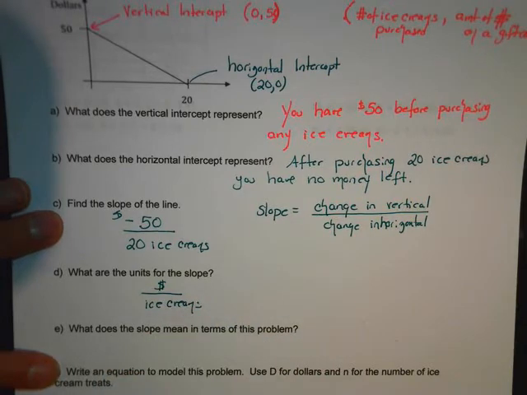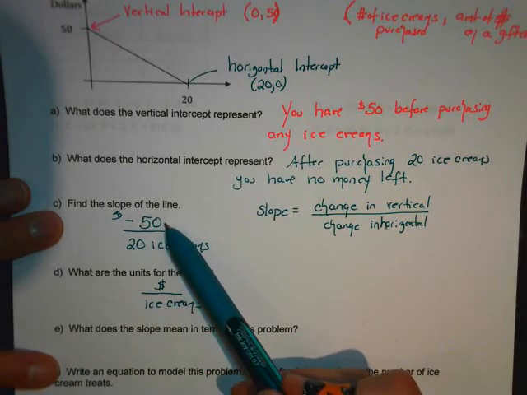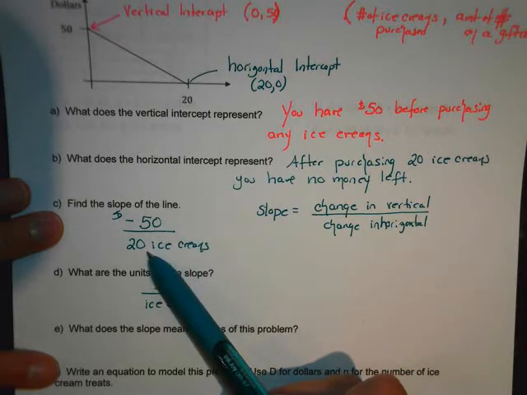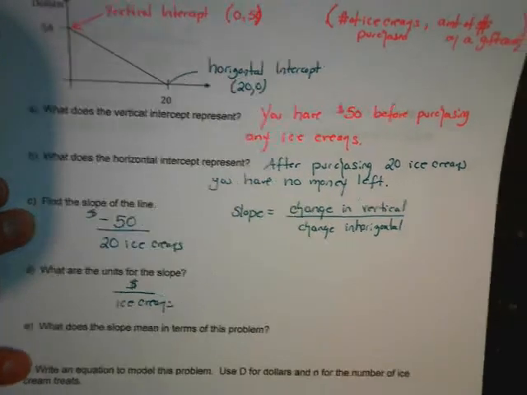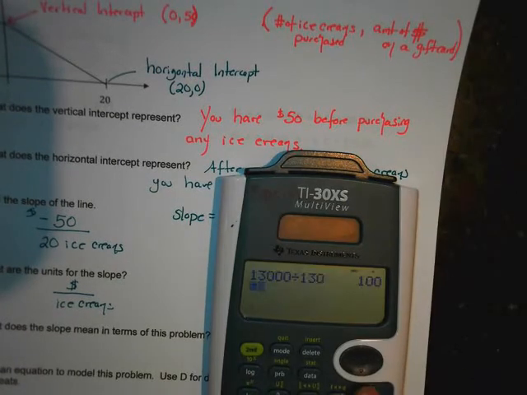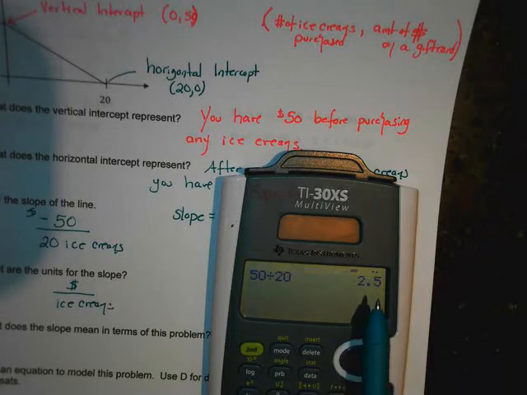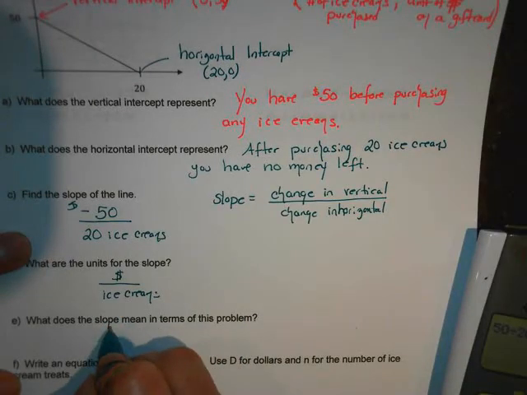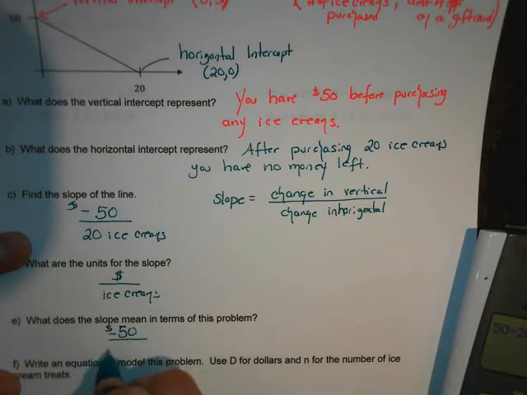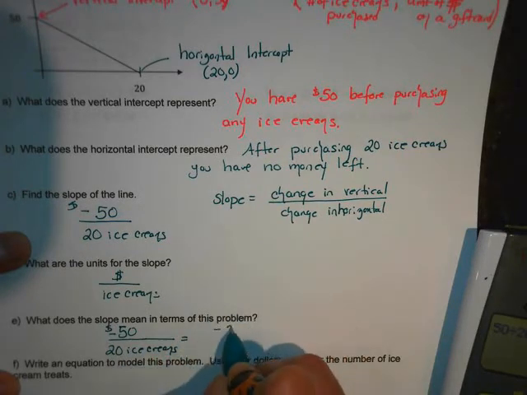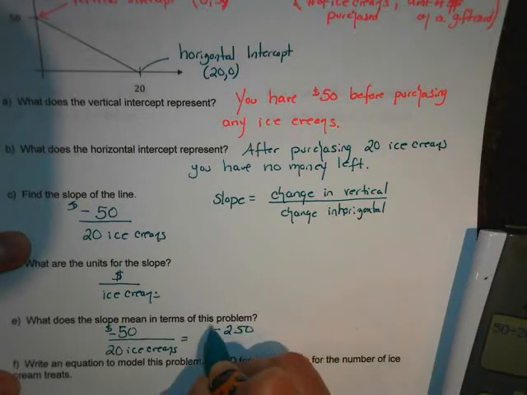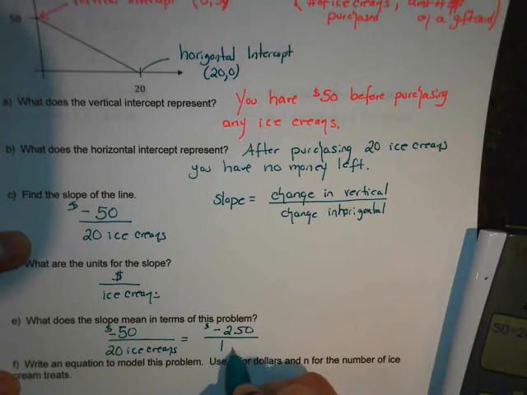So there's a couple ways to interpret this. We could say we spent $50 on 20 ice creams, if you want to pop it into your calculator, or you could also say, here, I'm going to write it two ways. Negative $50 for 20 ice creams, or negative $2.50 for one ice cream.